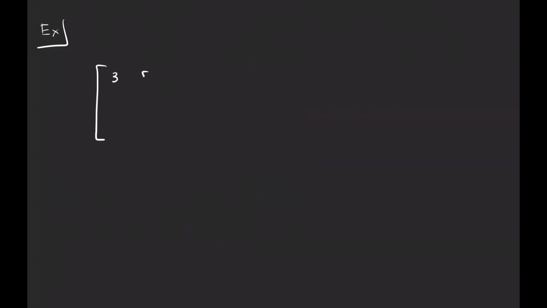Let's go 3, 5, 0, 2, 1, 4. Let's be fun: pi, e, and -1. And then let's put that same bar and let's go 10, -7, and 3, right? What you can do is you can look at this matrix and interpret it in a lot of ways.